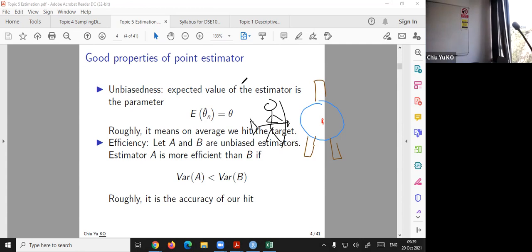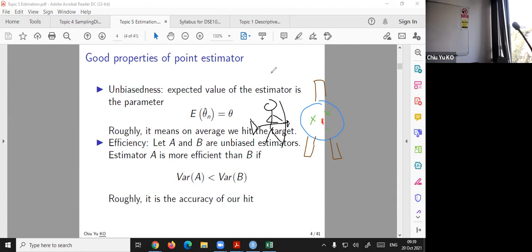So what does unbiasedness mean? Graphically, it means the following: every single attempt need not hit the bullseye, but on average, the middle point is hitting it.